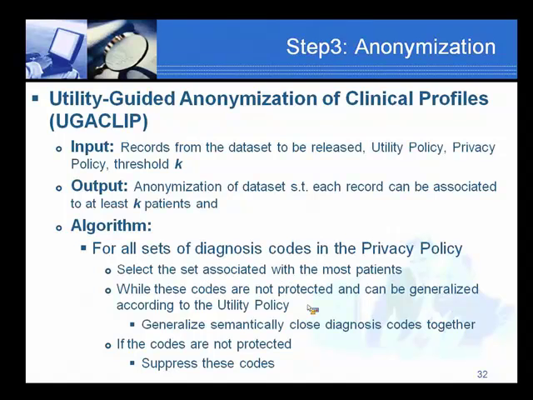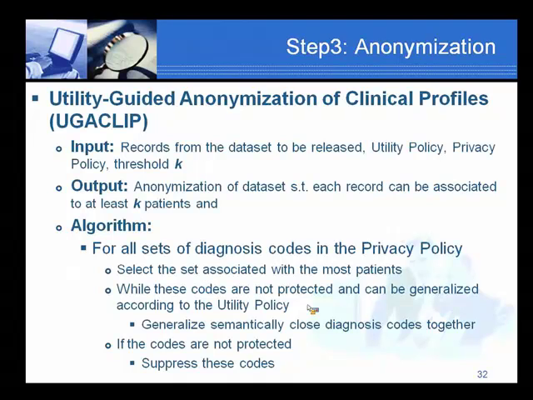Furthermore, we generalize semantically close diagnosis codes. So we put, for example, one ICD code that denotes asthma together with another ICD code that denotes asthma, instead of with an ICD code that denotes heart attack, for example.